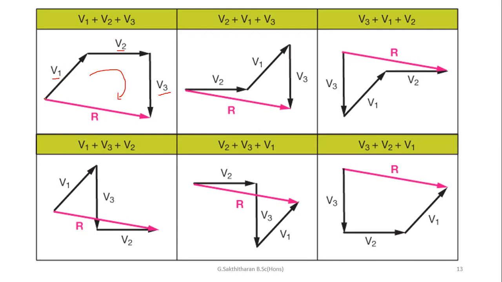So here starting point A, I'm going to put the points A, B, C and D. So these vectors are starting from A and finish in B. So in this figure, we get the resultant vectors from A to D. So V1 plus V2 plus V3.